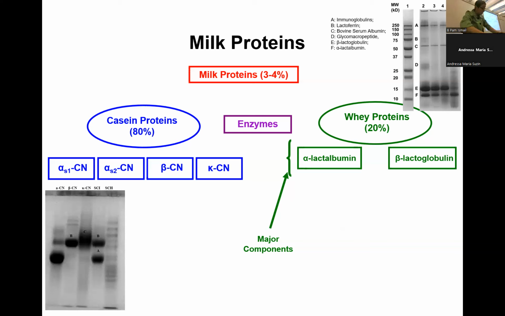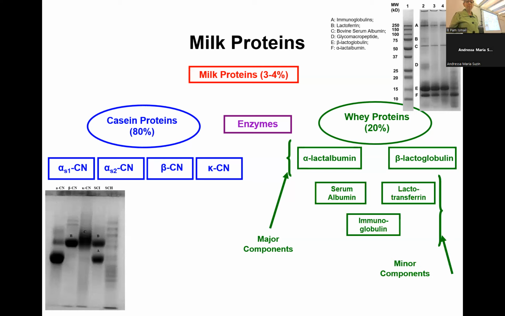In the production of cheese, you have the rennet that cuts the kappa casein and releases the glycomacropeptide, which is soluble, so it stays in the whey fraction. We'll talk more about that. So we can see some of that here on the top. That is retained in membrane filtration. It remains with the whey protein.